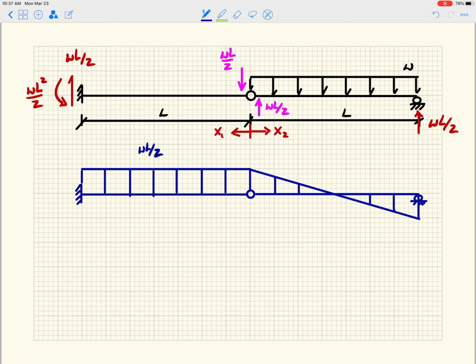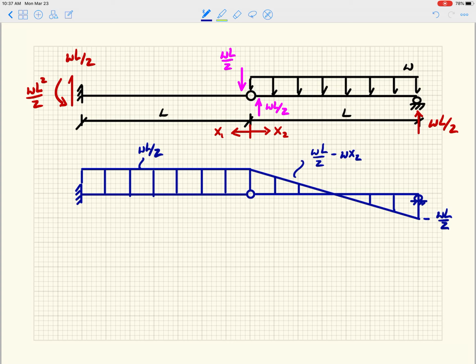And that should look somewhat familiar to you, right? So this guy is WL over 2 minus WX2, right? And this guy is just WL over 2, right? And the value here is minus WL over 2, like that. Good?